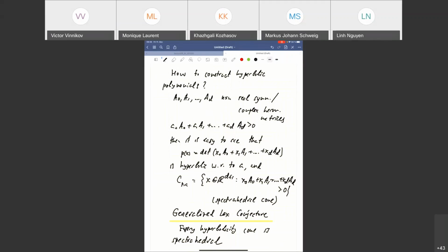So any hyperbolicity cone can be given by the intersection of a cone of positive definite matrices with a linear subspace.